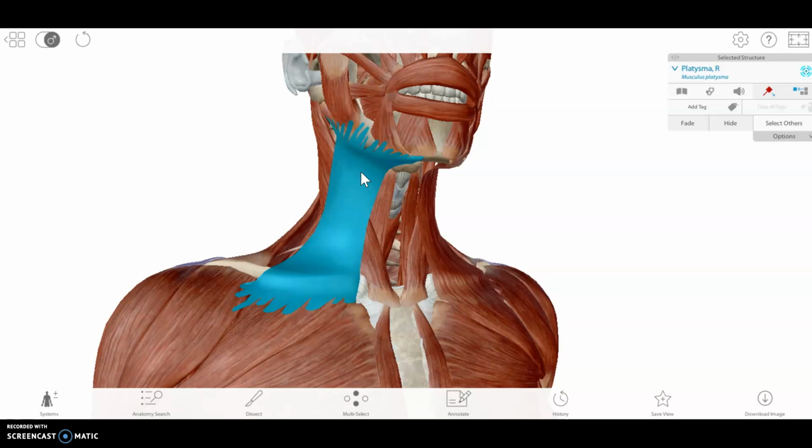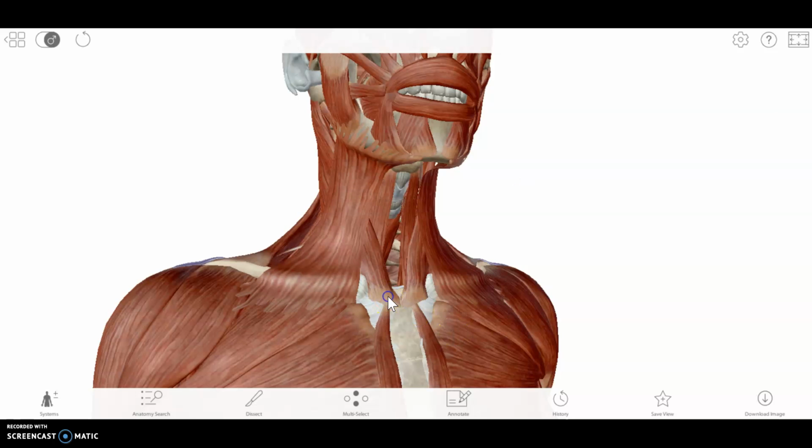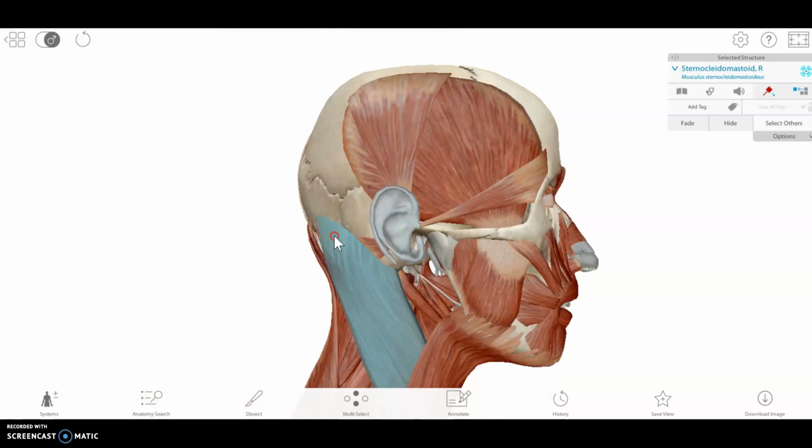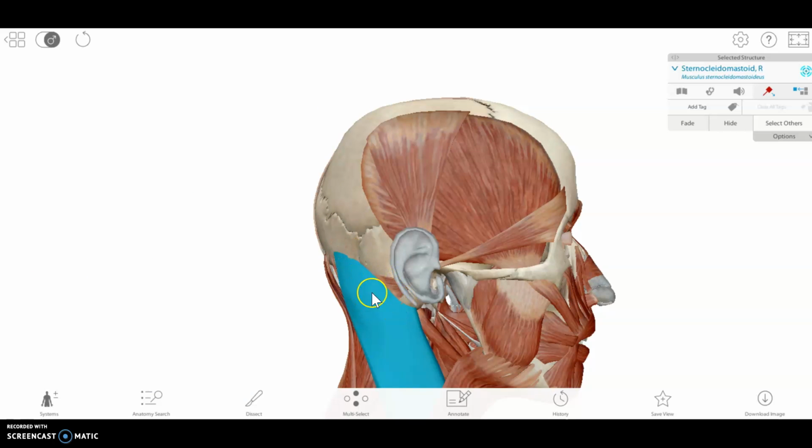Okay, and the next muscle, the sternocleidomastoid muscle. This muscle is named for all of the bones that it inserts on or crosses. And so sterno, okay, you have your sternum, so it has an origin right here at your sternum, and then at your clavicle, so sternocleido, and then your mastoid process, okay, back here of your temporal bone.